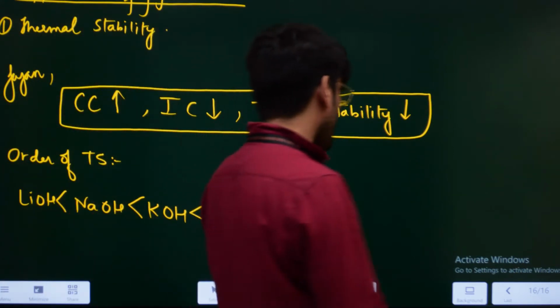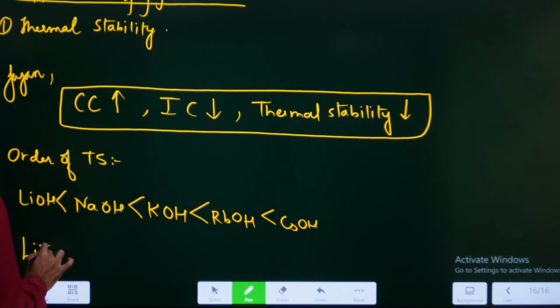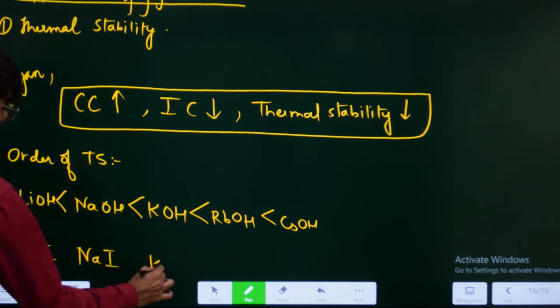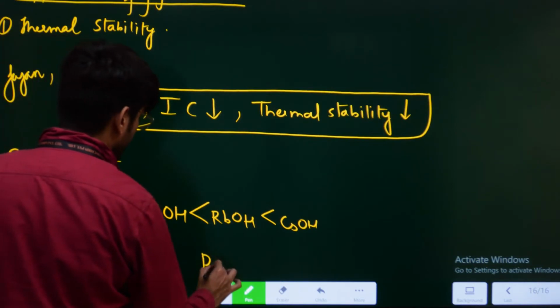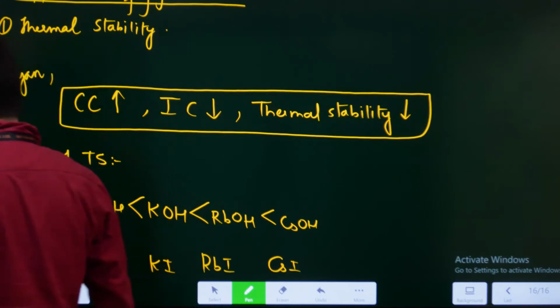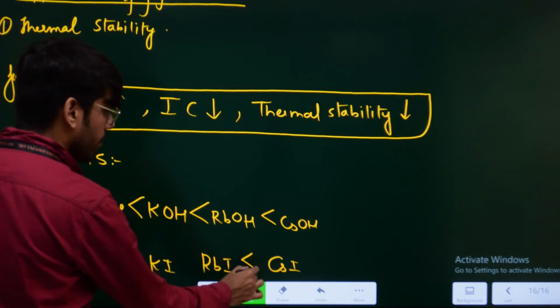Okay. And if I ask you this, LiI, NaI, KI, RbI, CsI. Tell me, what about this? CsI is having more.